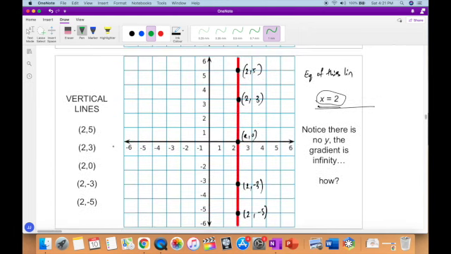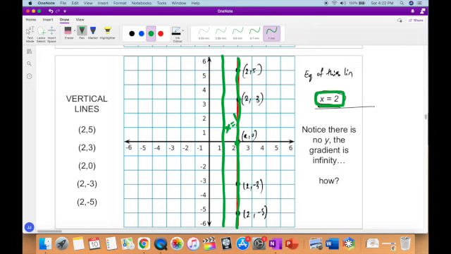Similarly, if we see here that when we draw a vertical line cutting the x-axis at 2, that vertical line is x equals 2. And if I draw a vertical line cutting the x-axis at 1, that vertical line is x equals 1.